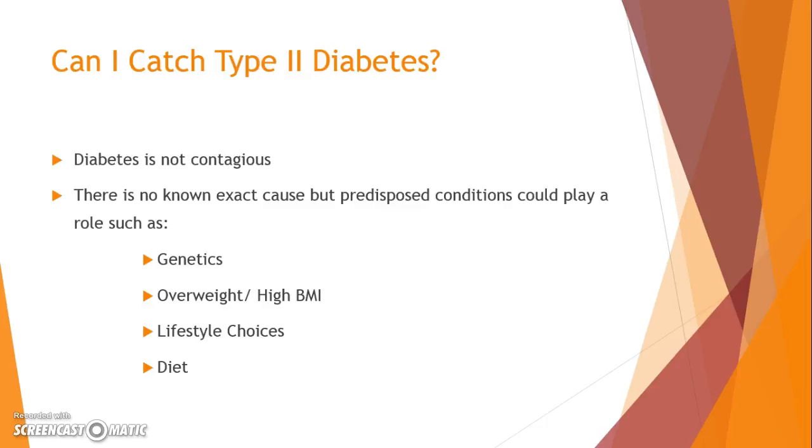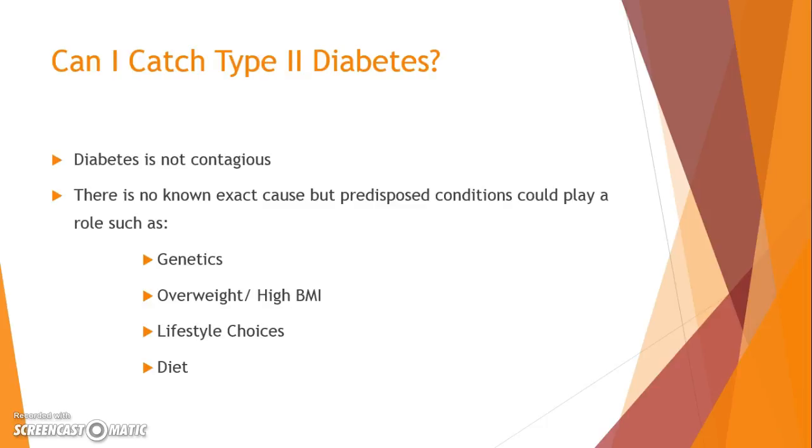Can I catch type 2 diabetes? No. Type 2 diabetes is not contagious. There is no known exact cause, but predisposed conditions may play a role, such as genetics. If you have parents that have diabetes, I know my mom has type 1 diabetes, and our family has a history of thyroid problems.